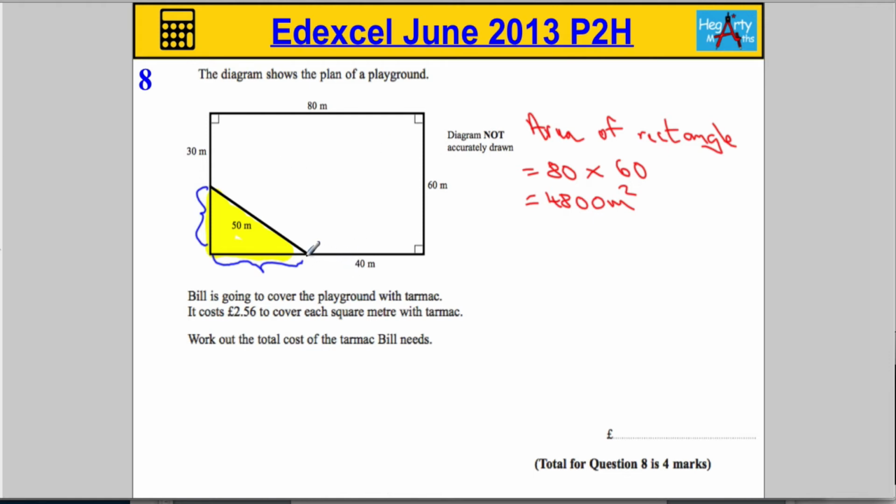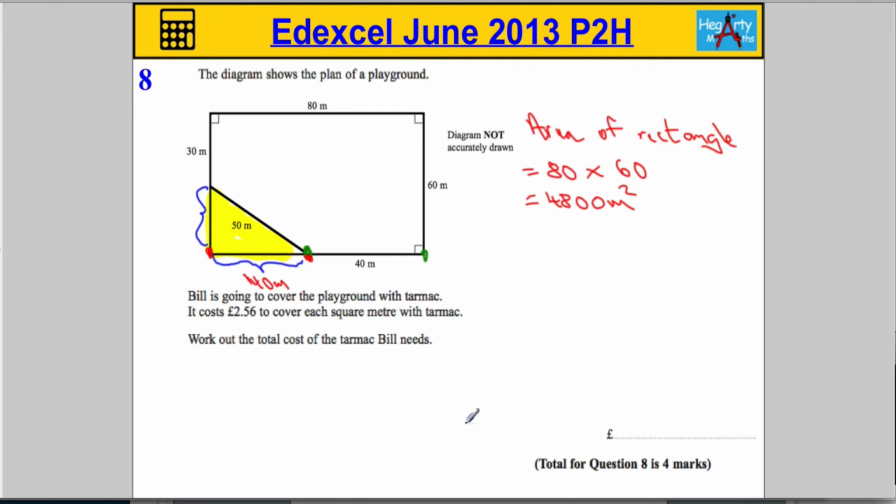Now, I know that from this point here to this point here is 40 meters, which means that the remaining part from here to here must be 40 meters also.